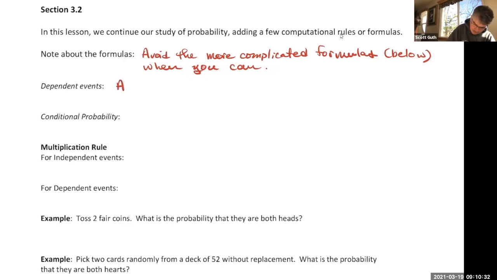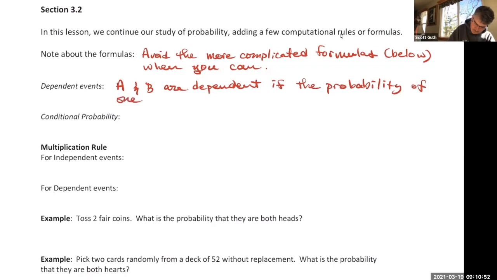Okay. So first of all, we need to define dependent events. A and B are dependent if the probability of one depends on the other's occurrence.